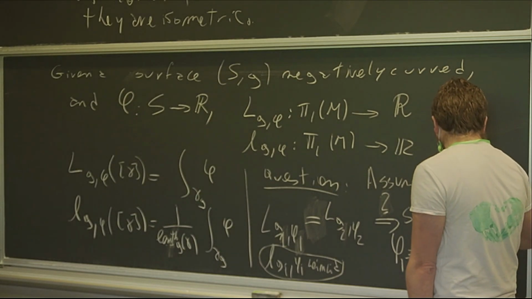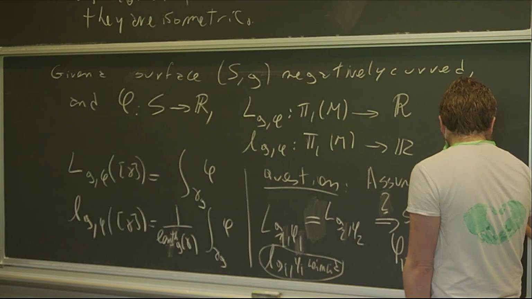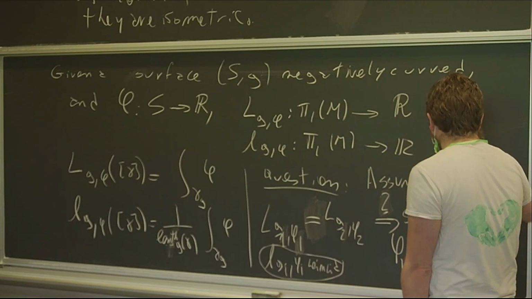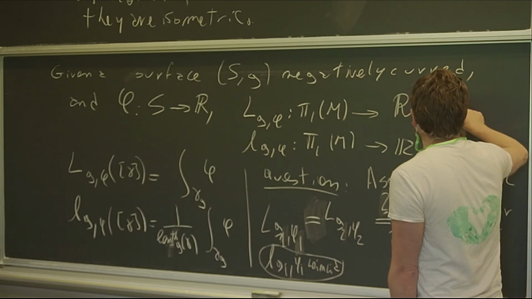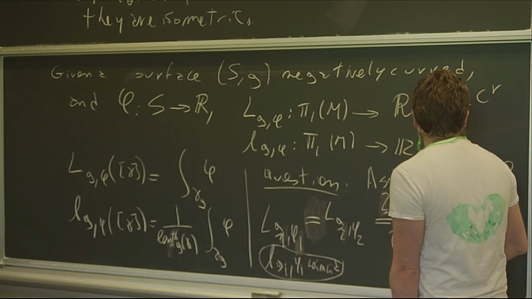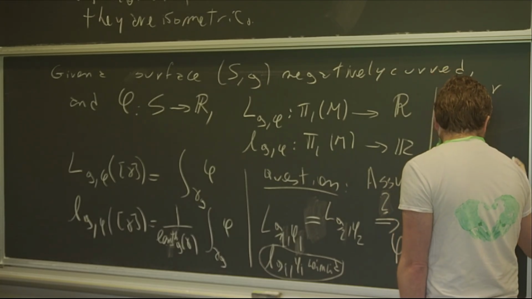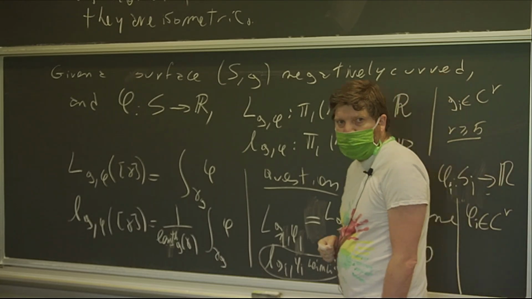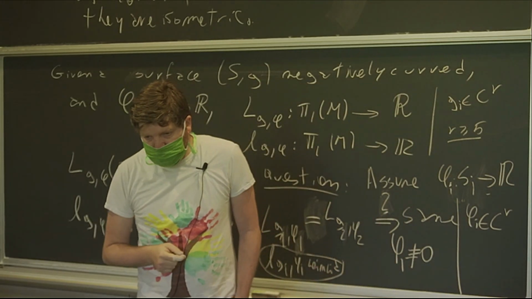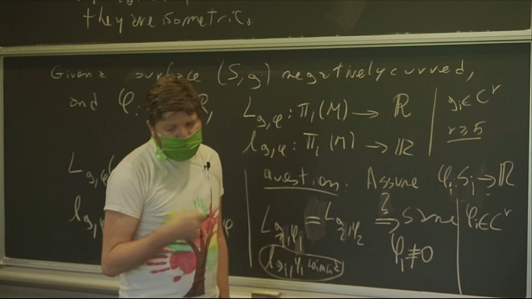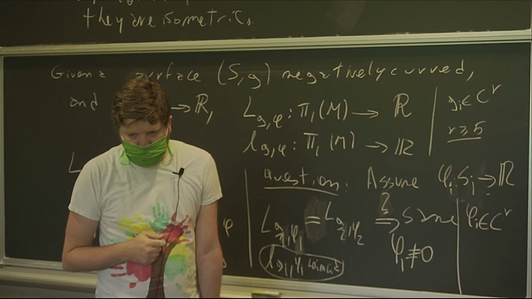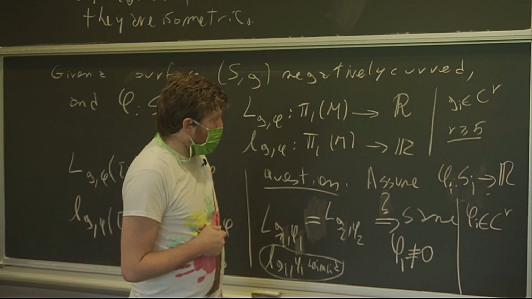So you want the phi i's to have some differentiability, as well as the metrics to be somewhat differentiable. So I guess R at least 5 should do, and same R here, the phi i being at least 5 should do the job. So you can think it's infinity here, everything, if you want to care.